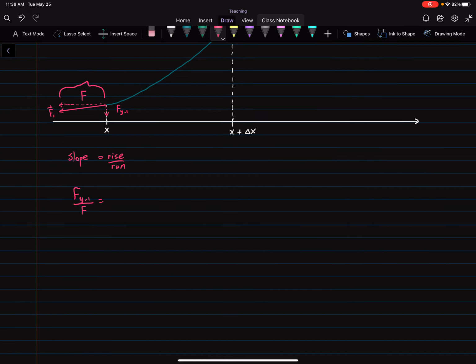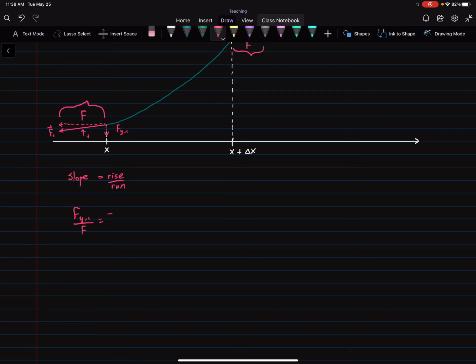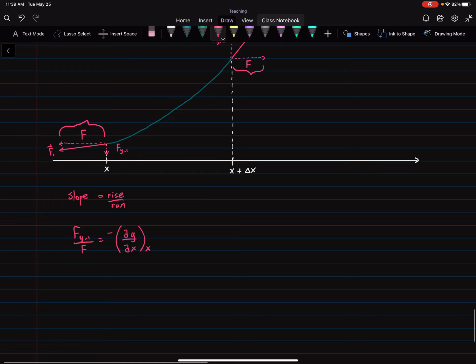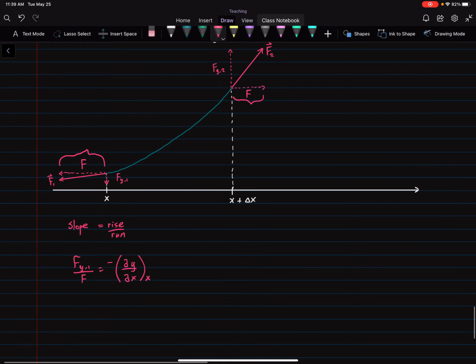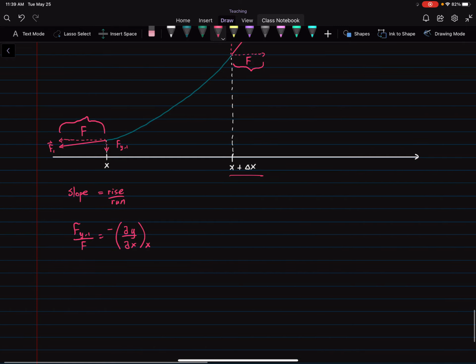And so that means that this quantity must be the negative of the slope, because this slope is positive. And yet, if you do Fy1 divided by F, with F being the positive magnitude, then you would get negative, right? So we have to say that it is equal to the negative of the slope. And we'll write slope the proper way here as the derivative of y with respect to x. And we also kind of have to specify that this is at x, because it would be a different thing if it were at x plus delta x over here.